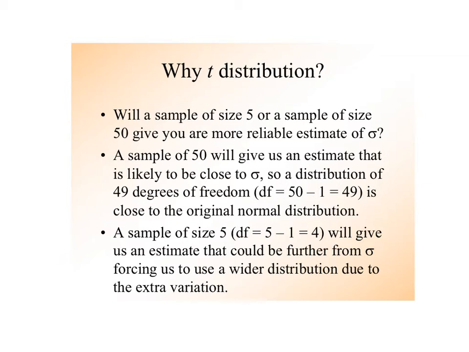The larger the degrees of freedom, meaning the larger the sample size, the closer it gets to a normal distribution, right? So I agree with this statement that a sample size of 50 will give us an estimate that is closer to the standard deviation parameter, because the degrees of freedom will be 50 minus 1, which is 49, and that's closer to a normal distribution than a degree of freedom of 4. Right, sample size 5, 5 minus 1.